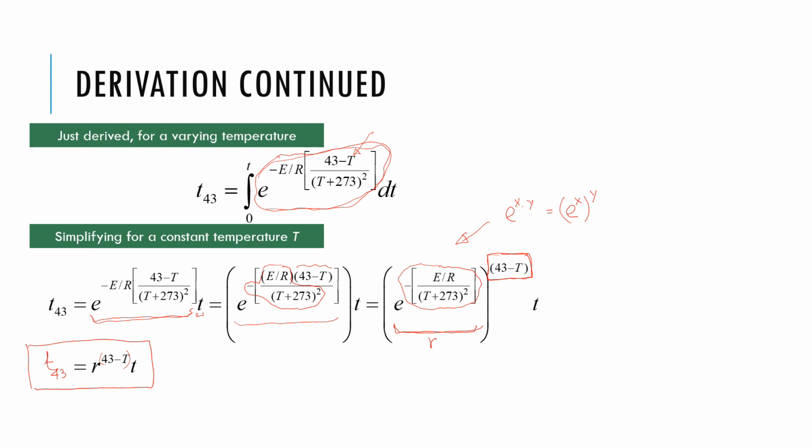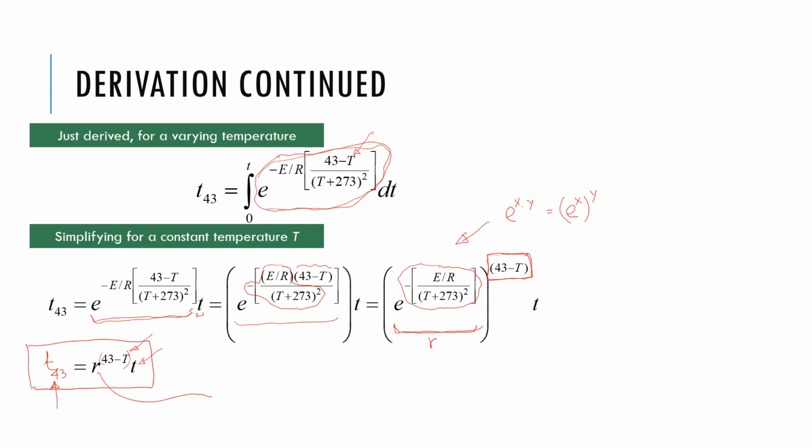So to repeat, this equation gives the equivalent minutes at 43. How many minutes is this injury equivalent to at 43 degrees when your actual heating is at temperature T and time T?